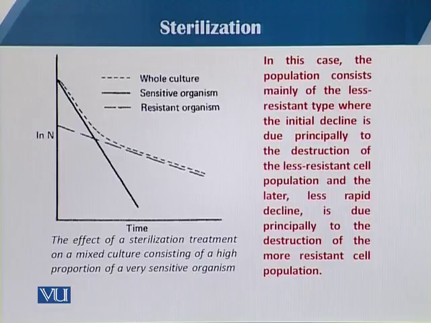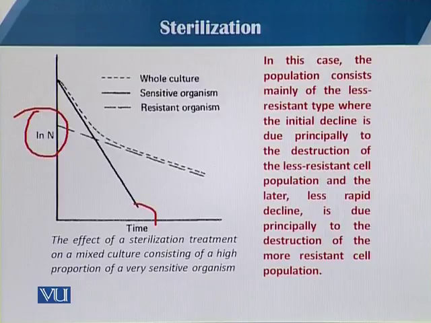So in the first case, when we have a graph between ln N and time t, we can say that the whole culture basically shows the average of that.